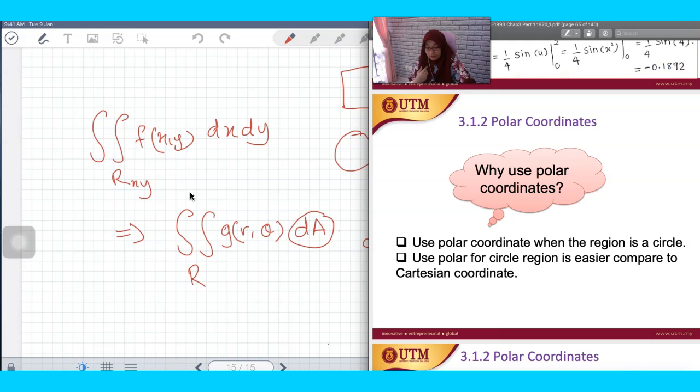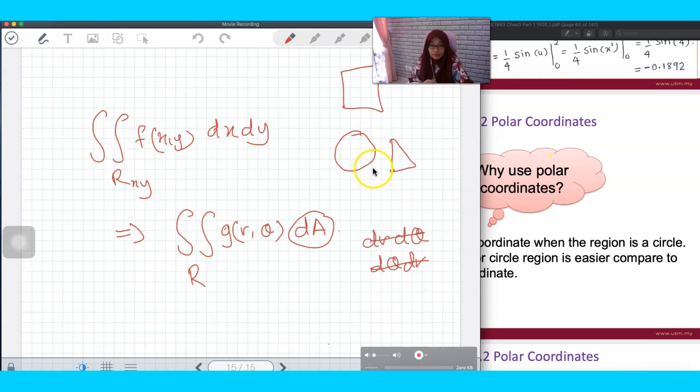But if your region here is a circle, whether it is centered at the origin or shifted somewhere, then it is better for you to solve your double integral in the polar coordinate system, on the condition that you know how to convert from Cartesian to polar.